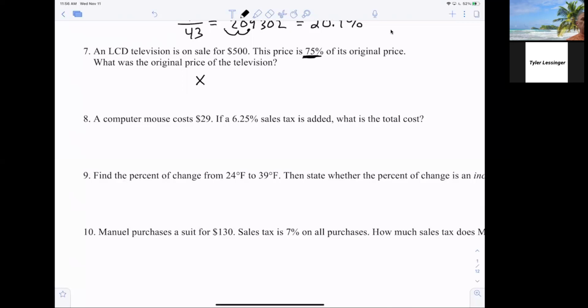They told you what the discounted percentage was this time. This is 75%. Does everybody agree? It's not 25%. Multiplying that by 0.75 equals 500.